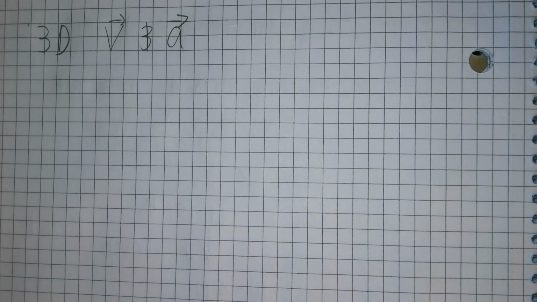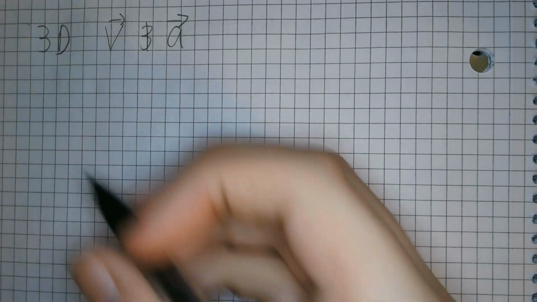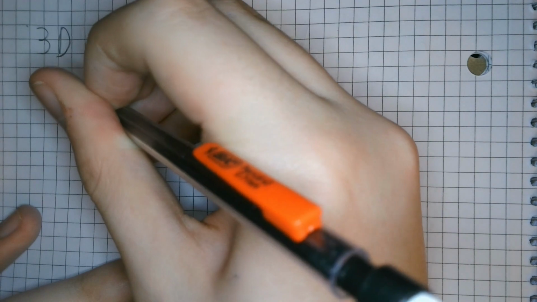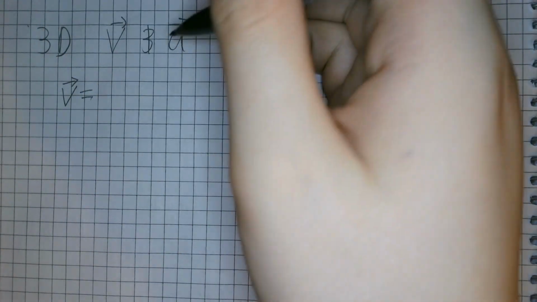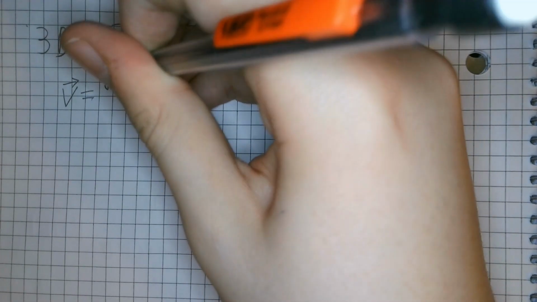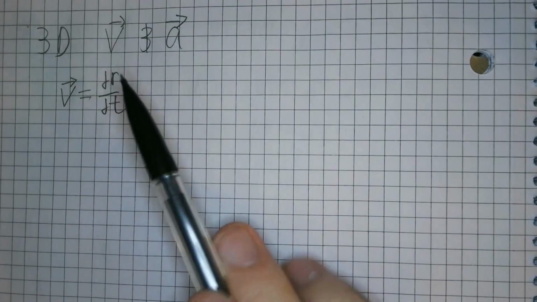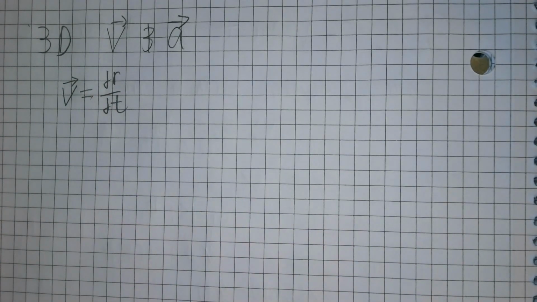Okay, now that my page is flipped, I'm going to talk about three-dimensional velocity and acceleration. Okay, so here we have that velocity equals dr over dt, the derivative of our three-dimensional position vector, which is r, with respect to time.